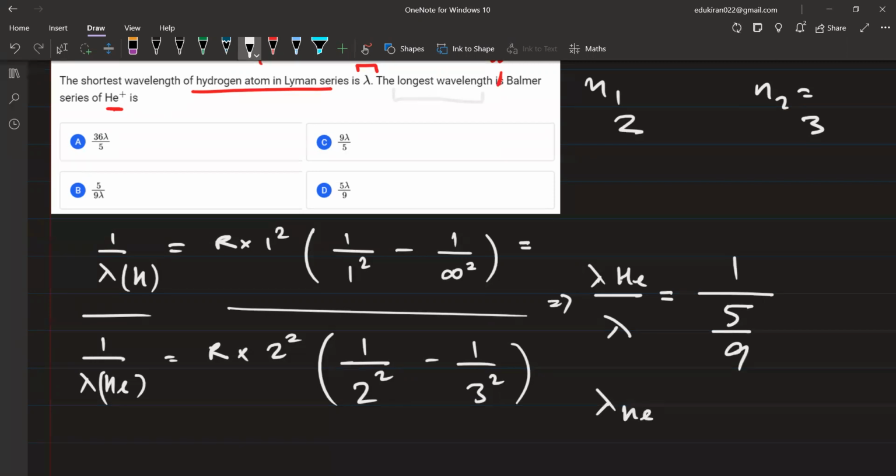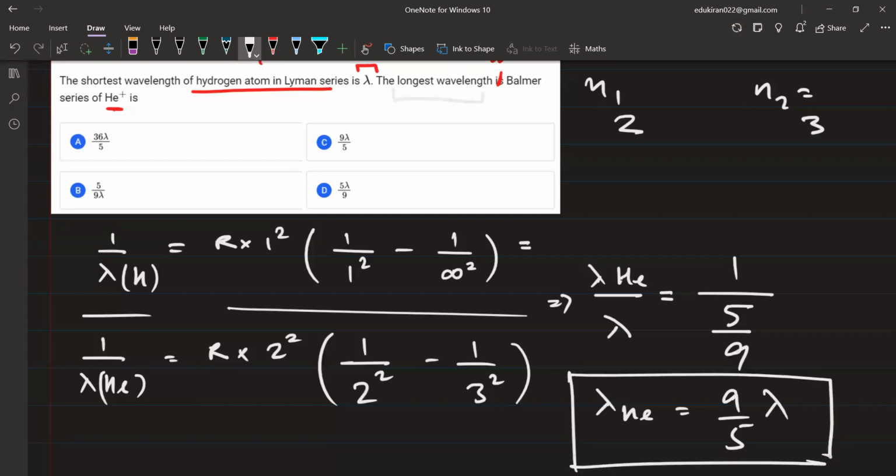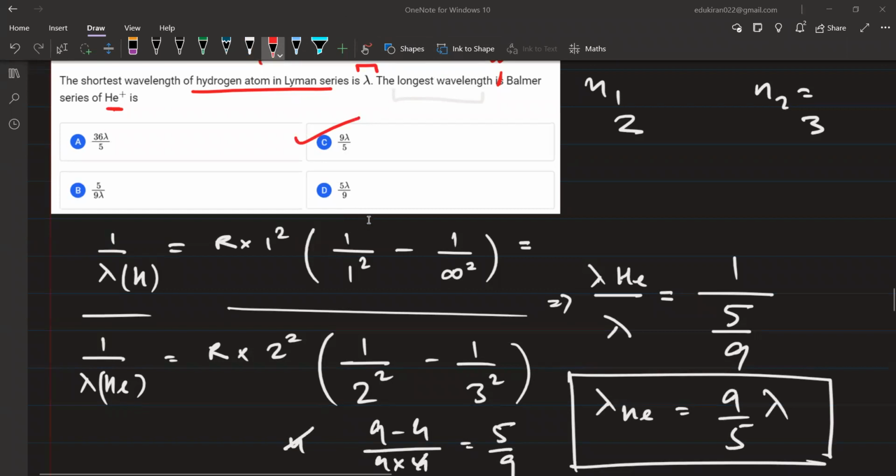Lambda HE will be equal to 9 upon 5 lambda H. If you solve this, you will get 5 upon 9. यहाँ पे 9 minus 4 upon 9 into 4 and 2 का स्क्वायर कितना हो जाएगा? 4. 4 और 4 cancel. You will get 5 upon 9. 5 upon 9 को आपने नीचे रखा, 9 ऊपर चला गया, 9 upon 5. So option C is the right answer. Adriel, आपसे हुआ? Marita and Priya got the right answer.